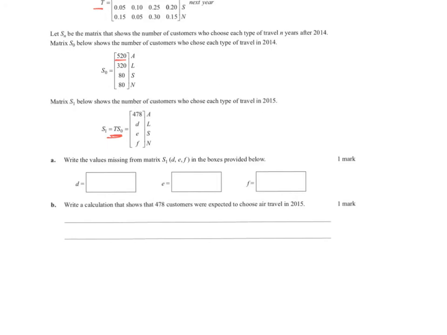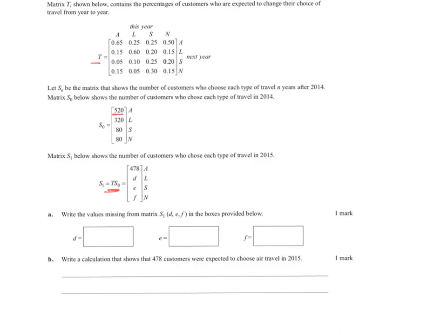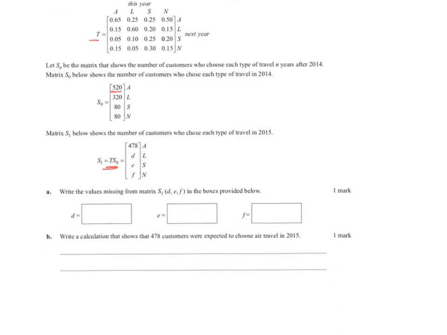Question A, write the values missing from the matrix S1, D, E, and F. So you put your transition matrix in, times it by the initial state, which will get you D, E, and F. Those values were 298, 94, and 130.